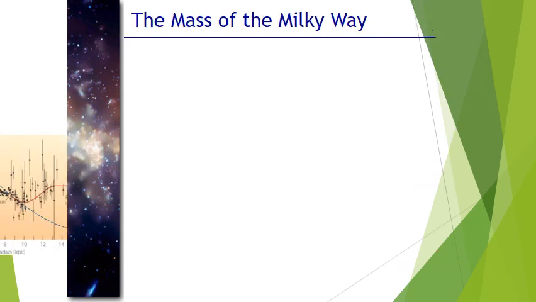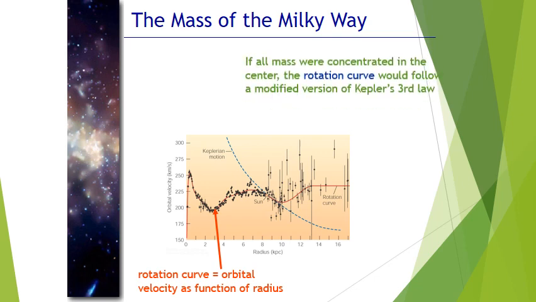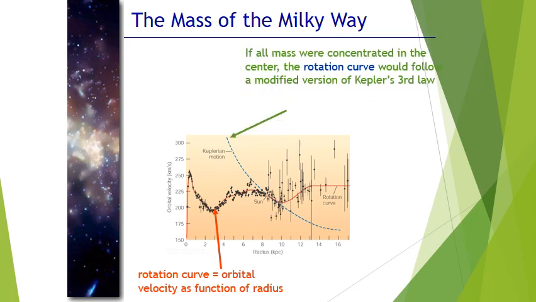Okay, so as I mentioned, when you start to plot the velocity of stars with respect to their distance away from the center of the galaxy, you would expect to see this kind of relationship, the Kepler kind of relationship, where as you increase the distance, the star should be moving slower. In reality, with the measurements that have been taken, you actually see this curve here, which does not show that decrease in velocity with distance from the center.